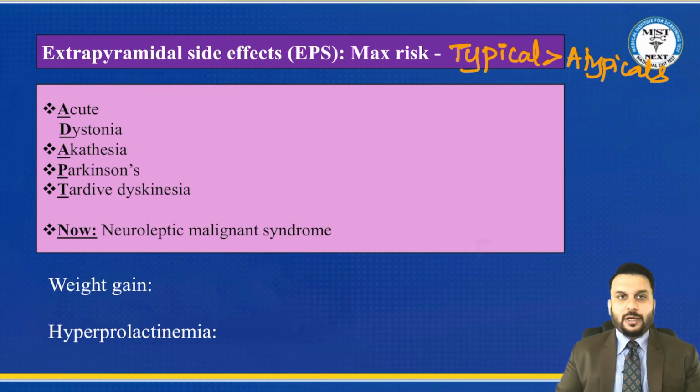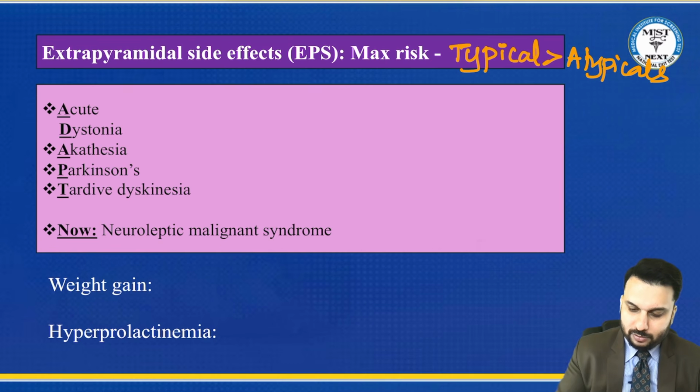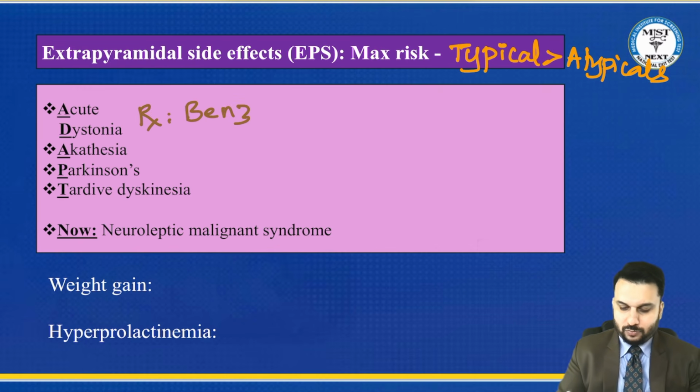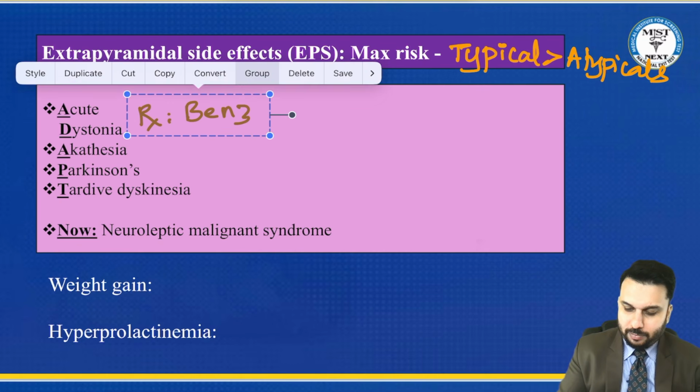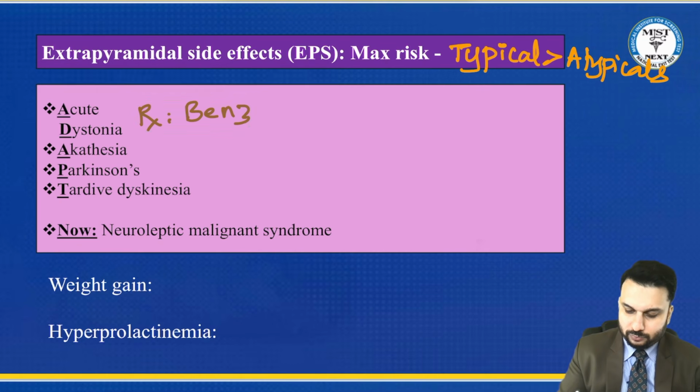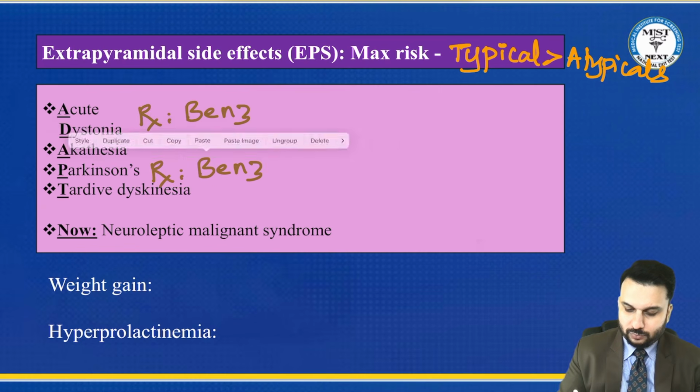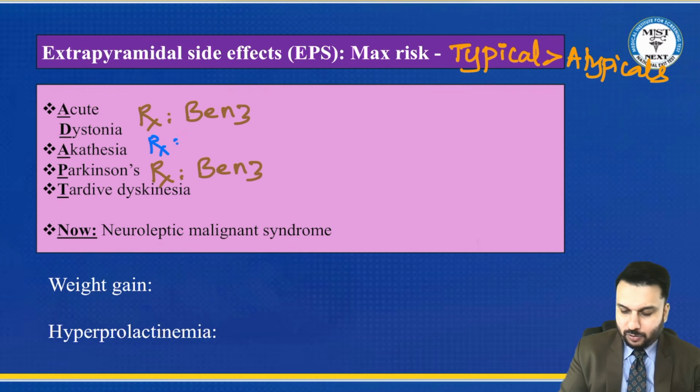Next, you will get the symptoms and you have to treat those symptoms. For example, this is treated by Benz drugs. Parkinson is also treated by the Benz drugs. Akathisia will be generally treated by the beta blockers.